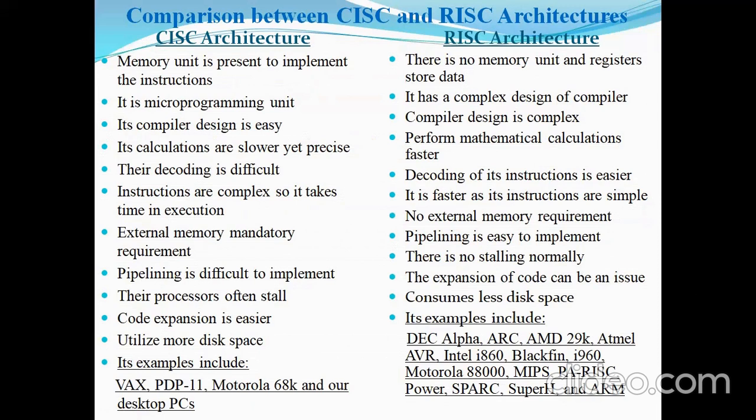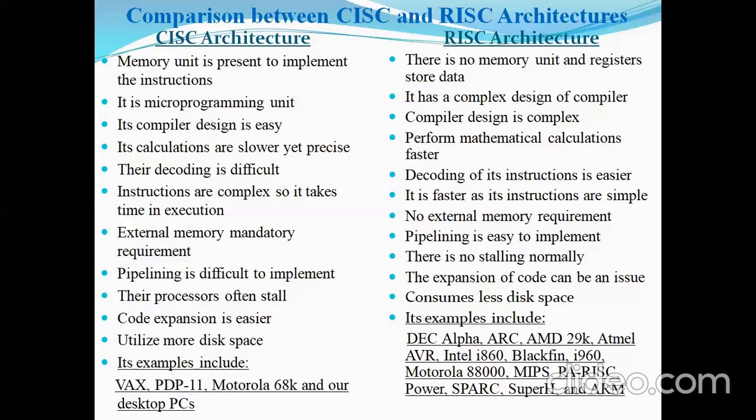In the second point, the CISC architectures have the microprogramming unit, whereas the RISC architectures have a complex design of compiler. The third point is the CISC architecture has a compiler design that is very easy, whereas the compiler design is complex in the RISC architecture.